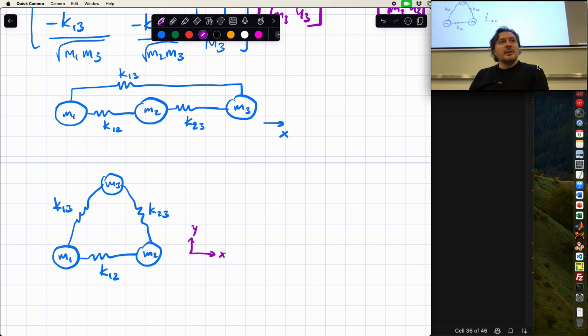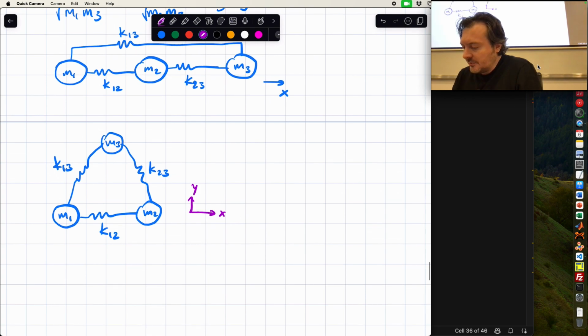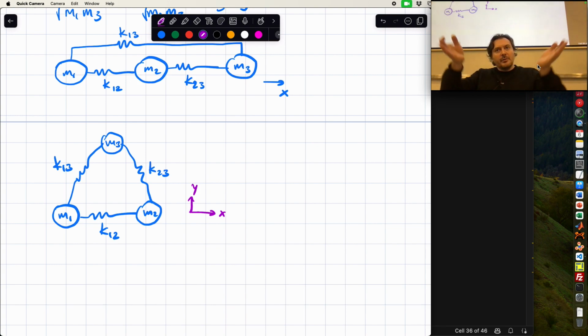And we can still make the harmonic approximation. By harmonic approximation I mean that we will assume that all the interactions are based on a kx squared over 2 potential, okay?